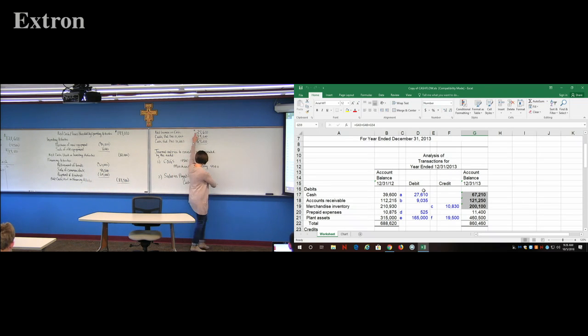But the reality is if I credit cash for 20,000, that takes 20,000 out of my net increase. So by how much did my cash actually go up? Not 27,610, only 7,610, right?